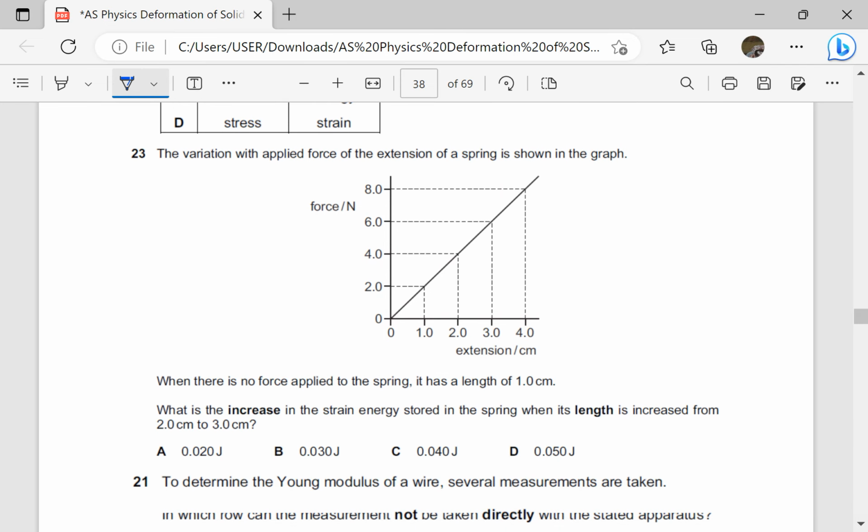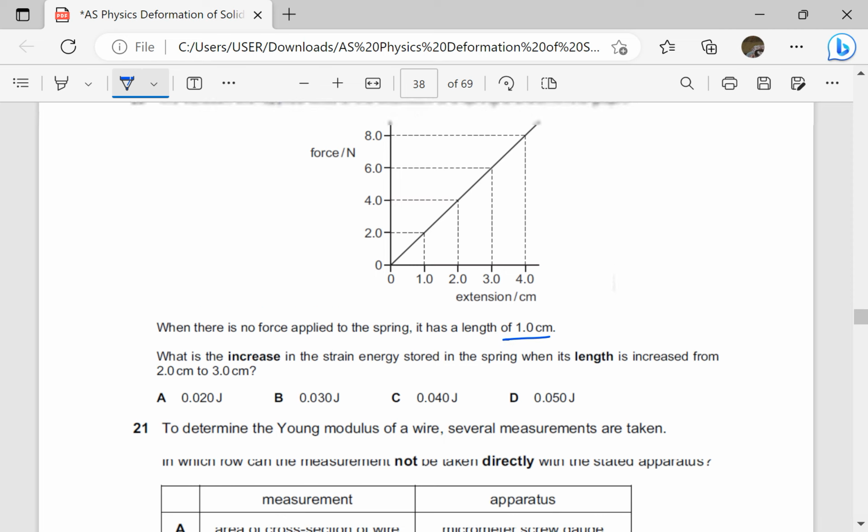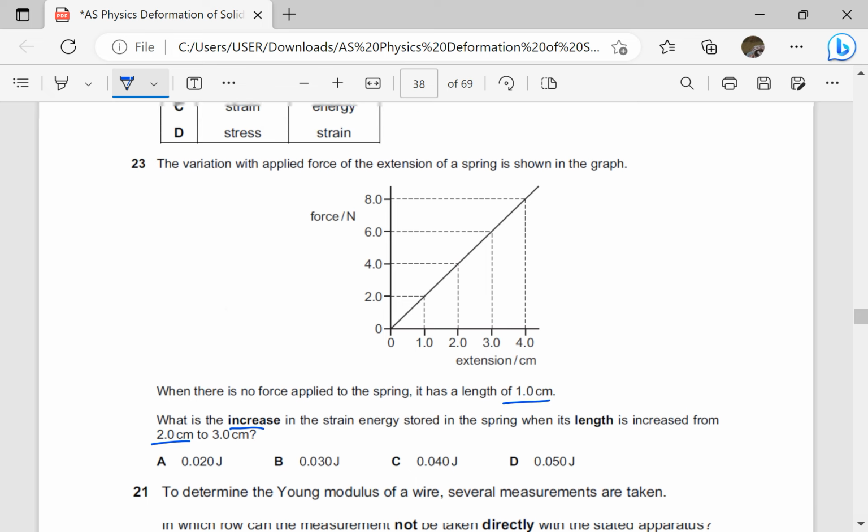The variation with applied force of the extension of a spring is shown in the graph. When there is no force applied to the spring, it has length 1 centimeter. What is the increase in the strain energy stored in the spring when its length is increased from 2 centimeters to 3 centimeters? So let's see.